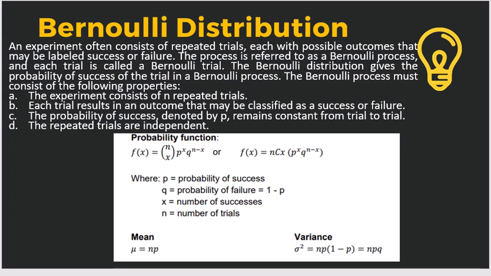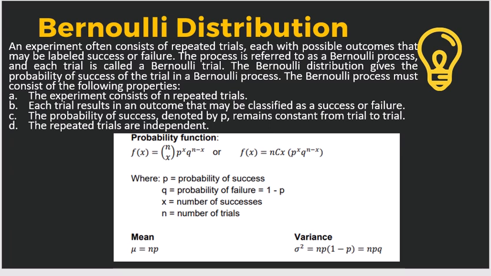The Bernoulli distribution gives the probability of success of the trial in a Bernoulli process. The Bernoulli process must consist of the following properties. Letter A, the experiment consists of n repeated trials. Letter B, each trial results in an outcome that may be classified as a success or failure.